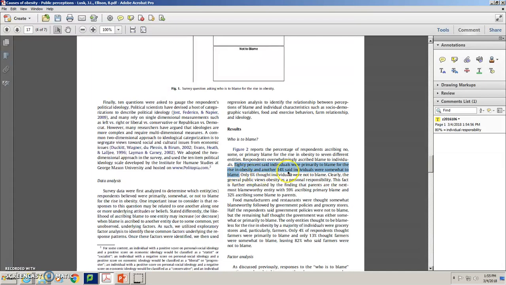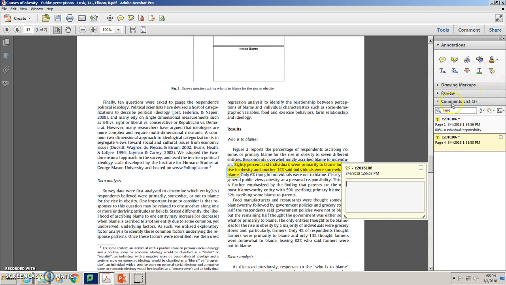So that adds a little bit more information. Of the people that responded to this survey, 80% thought that individuals were primarily to blame, and another 14% thought they were somewhat to blame. So I'm going to make a note of that as well.